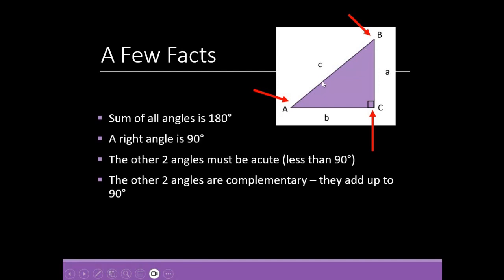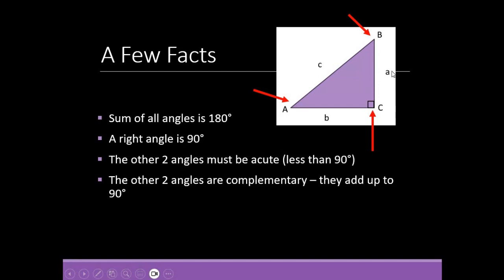Also, if you notice, this is how it is usually labeled. You usually have your angle over here as A, the one up here is B, and then your C out here is your right angle.